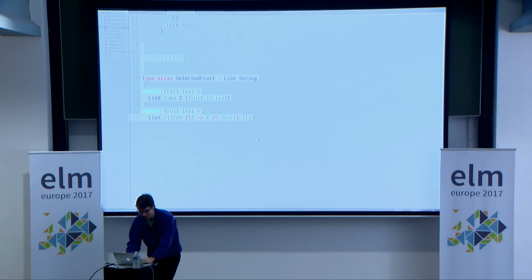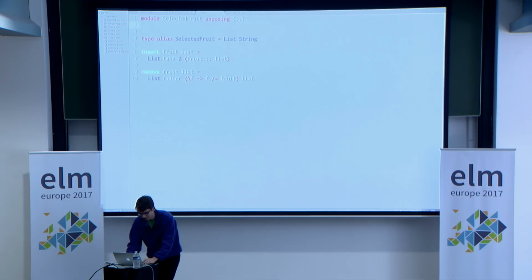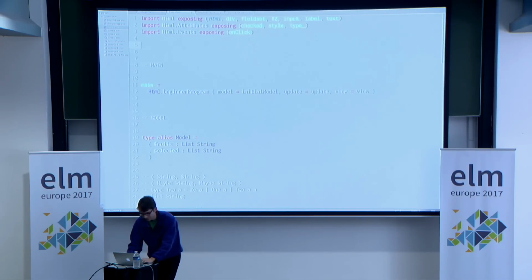So let's say, OK, we have this, and we were going to put it in a new module, the selected fruit module. Exposing selected fruit. And then in our fruits module, we can get rid of that. And we can import as selected fruits.